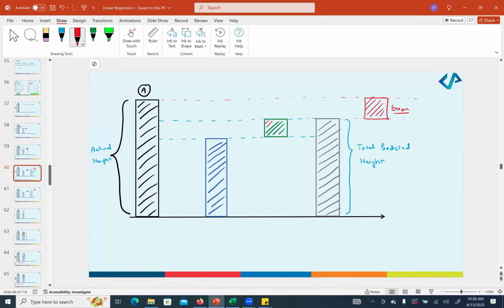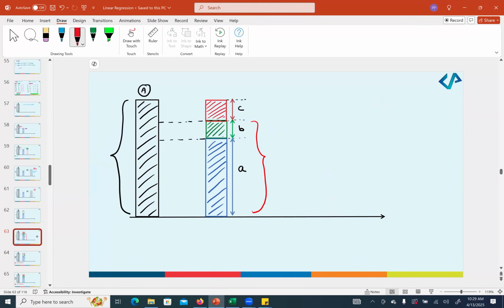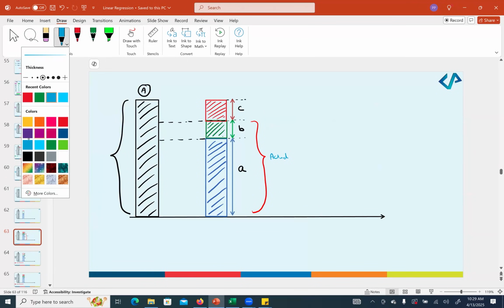If you add more variables, it might improve. If you do not add this variable, then maybe this is going to be my final prediction. Now if I combine these things together, this much will become my actual. C is my error. So let me write this down.